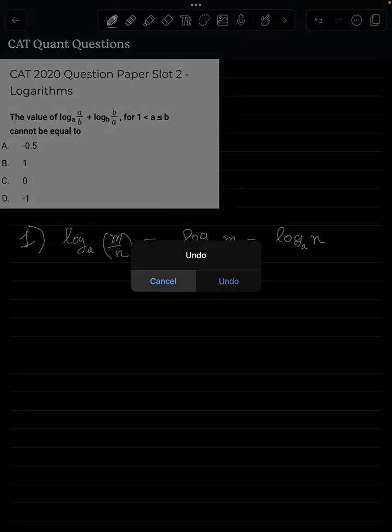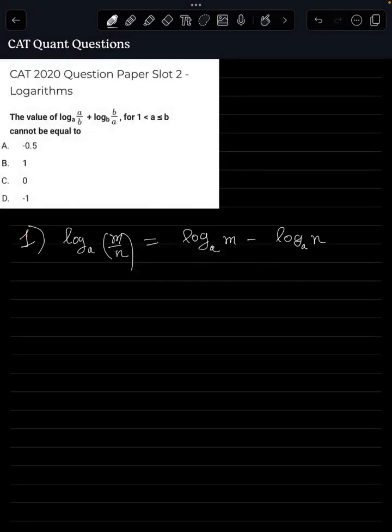This a is called the base, and this m by n is the value. So if the value is given as a fraction, we can write this as numerator minus denominator. So one property is this.